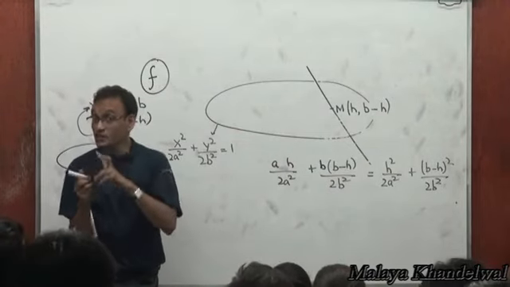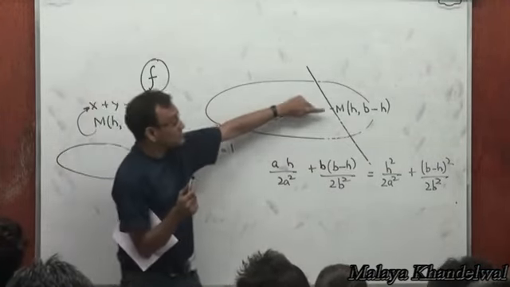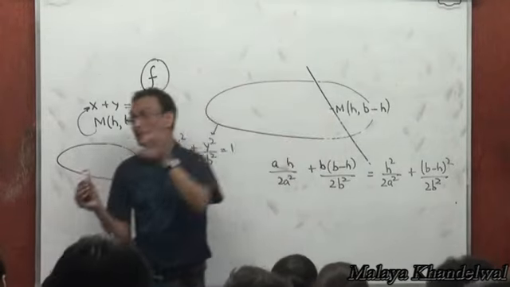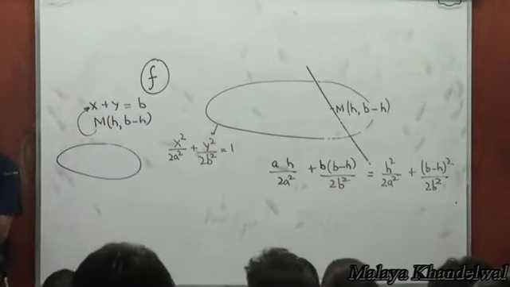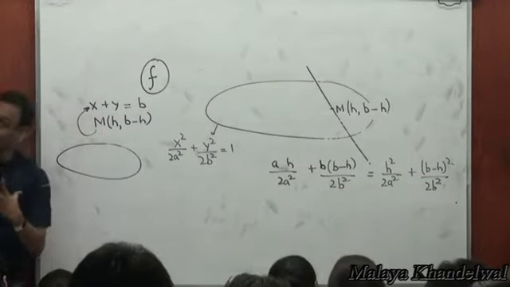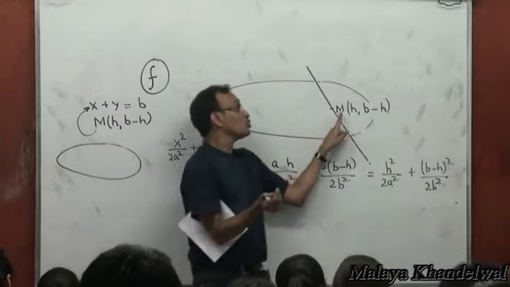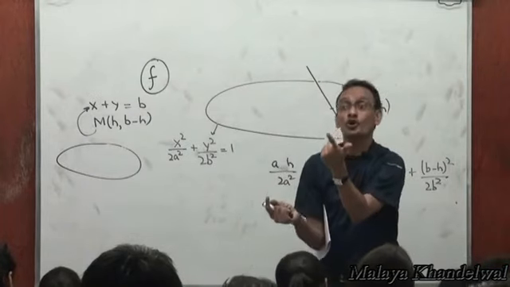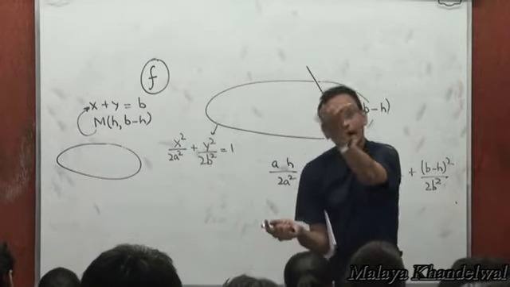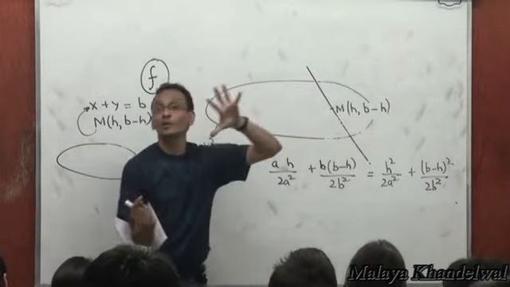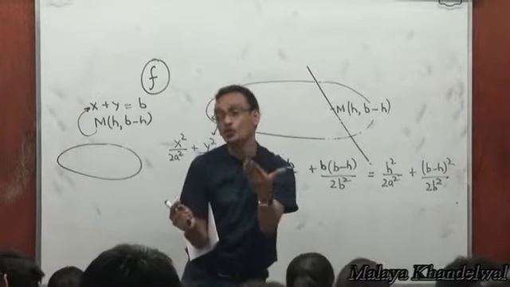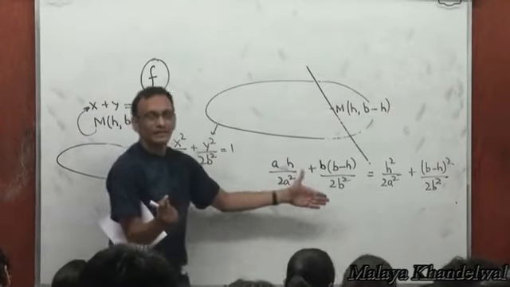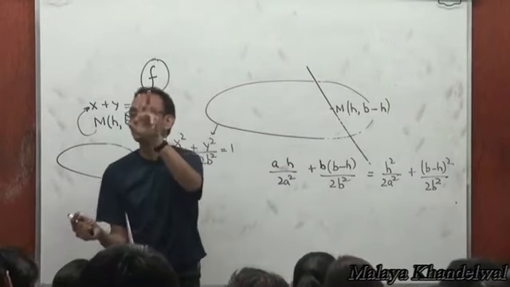Now the existence of two values of h will cause the existence of two chords with midpoint being of the form h comma b minus h. Two distinct values of h will cause the existence of two points of the form h comma b minus h, both being the midpoints of two chords, and this midpoint by its very choice will lie on the line x plus y equal to b, right? So all that you need to do is solve for h, which should give me two distinct values of h.